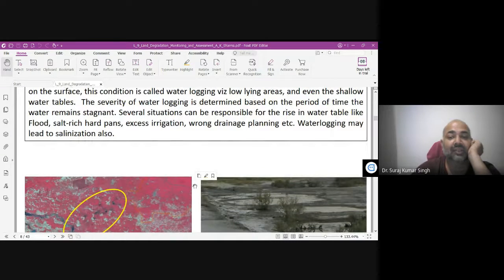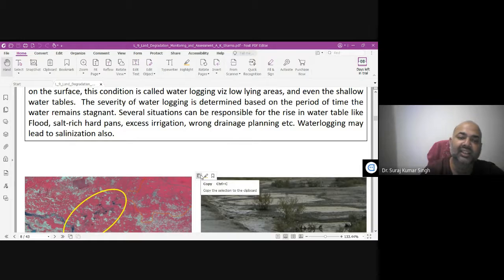Such features are very common if you go into the Indo-Gangetic plains because of their topography and soil. Maybe the area has a high water table or clayey soil, and the slope is zero, which results in a low-lying area where the water stays, degrading the quality of soil and water in that area.